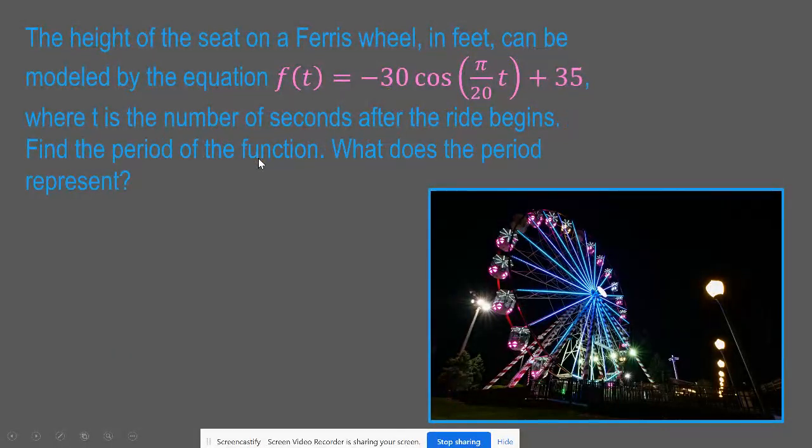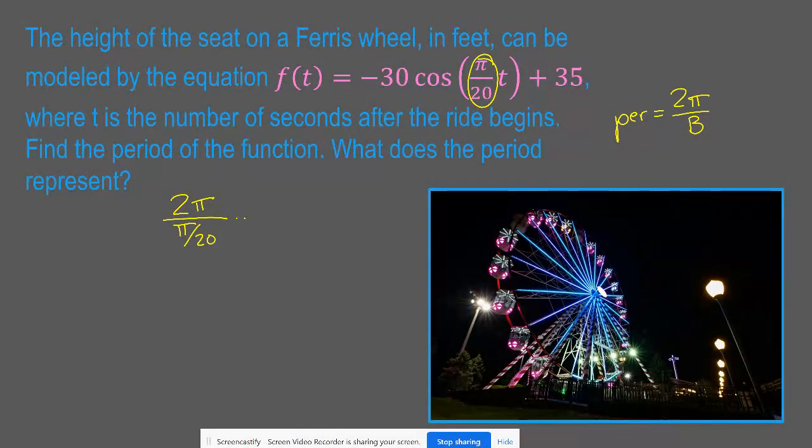All right, next thing with the Ferris wheel, it asks us to find the period of the function. And what does the period represent? So remember, period is 2 pi over b. And b in this case is whatever's multiplied by the variable. So it's pi over 20. So to find our period, we're going to take 2 pi over pi over 20.